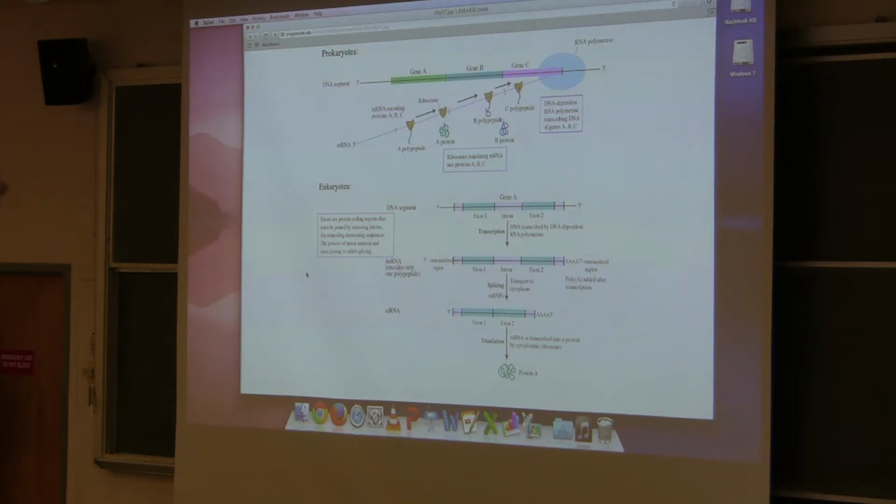The messenger RNA is carrying the message, and the message is the information necessary to make a protein. So now we've got two of the players necessary for making proteins, the amino acid and the information for how to put the amino acids together.